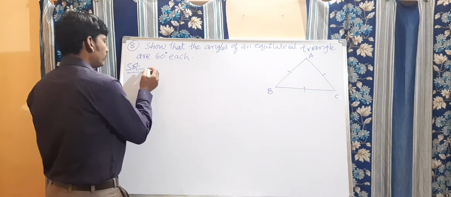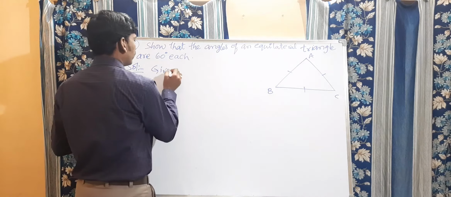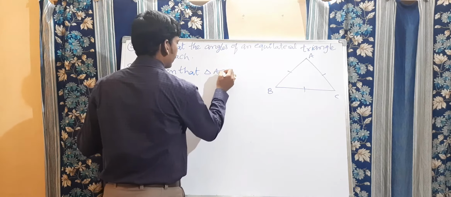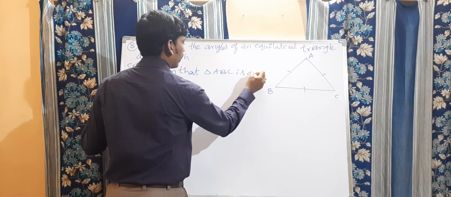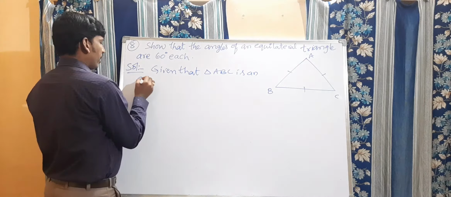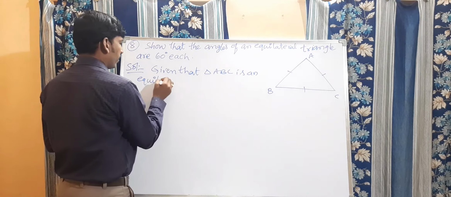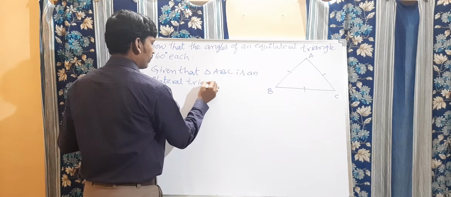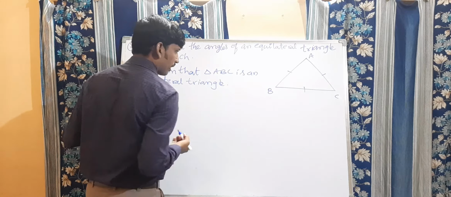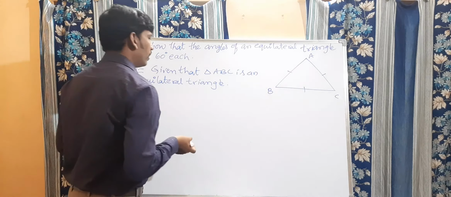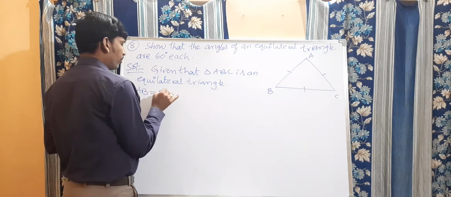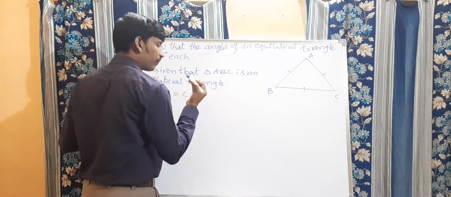Given that triangle ABC is an equilateral triangle. We know that here AB is equal to BC is equal to CA.